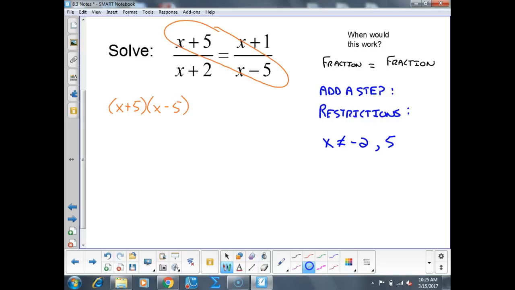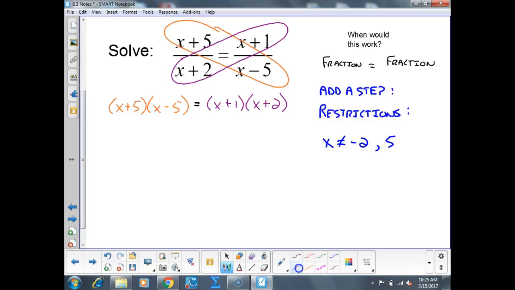Then, that's going to equal. Then I take those two and multiply them together. With me? Now, let's do some math.